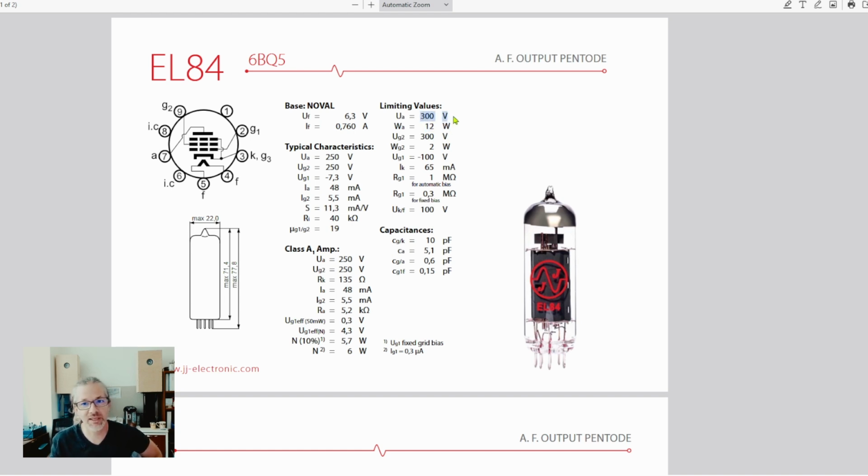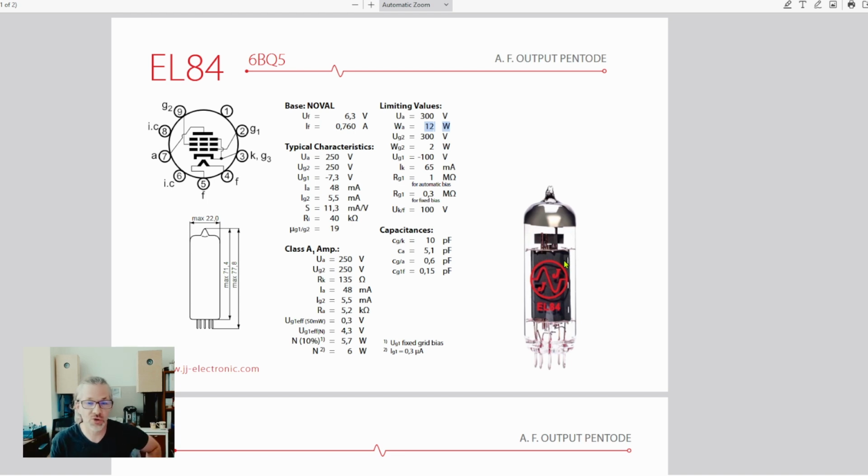And yes, you would say, okay, 305, 300, whatever, close enough, but the plate dissipation is something that you really cannot exceed without punishment. If you are exceeding the plate dissipation, it's going to decrease tube life a lot, because the tube is unable to get rid of the heat.